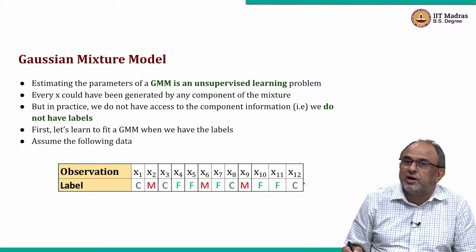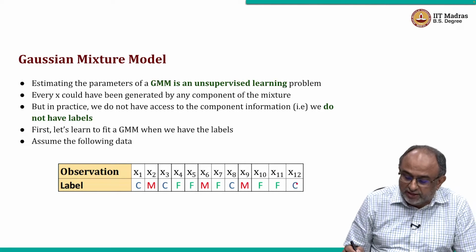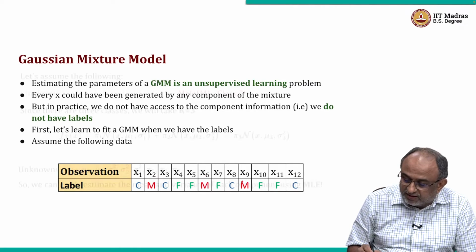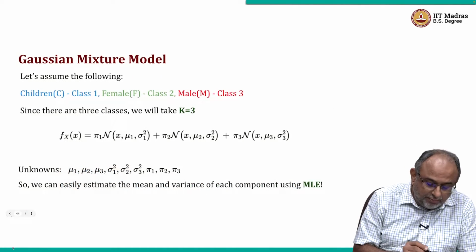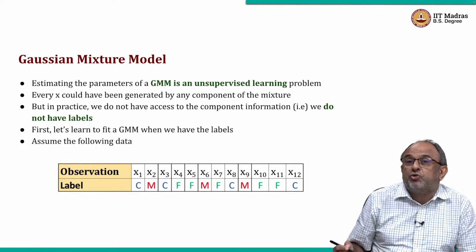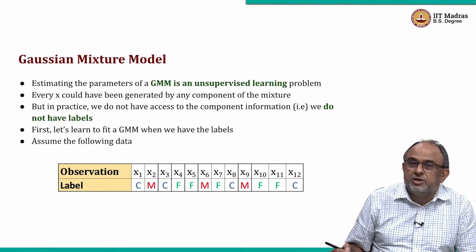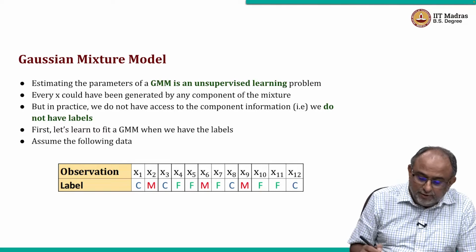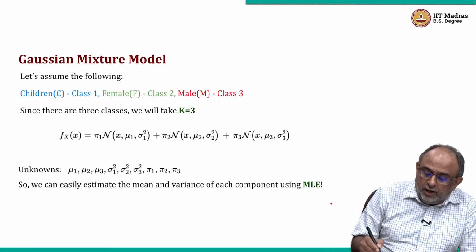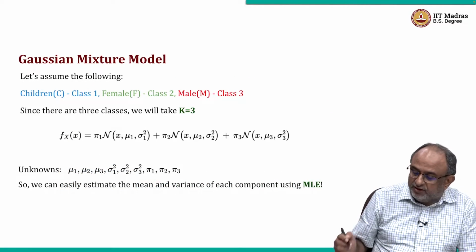Because there are only 4 guys who belong to child, right? Similarly, if I want to do male, x2 plus x6 plus x9 divided by 3. Sorry, again I keep touching the monitor. And similarly female. So if I have the category information, that becomes very easy, a trivial problem to solve, right? And we can easily estimate these parameters.